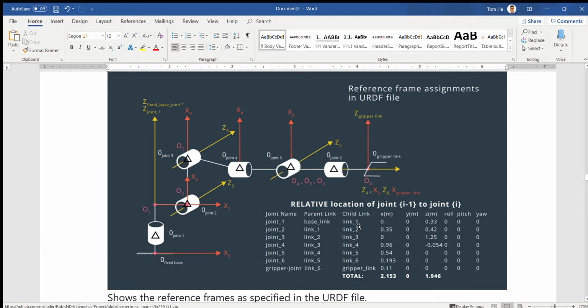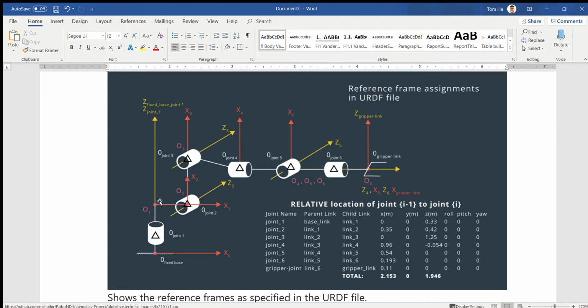For example, for this joint 1 right here, they have the base link here, they have link 1 and 0, and move to 0.33. Look at the URDF file right here, the distance from here to here, 0.33.